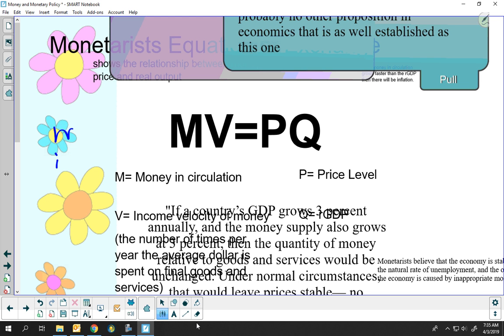But I have seen some questions where it says like, in an economy that has no inflation, and price level goes up by 2%, and GDP is going up by 1%, and this goes down, and money supply went down by like 3.